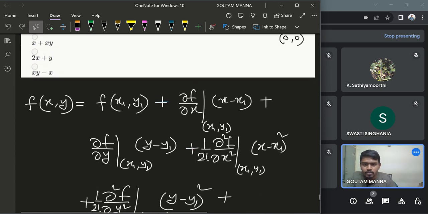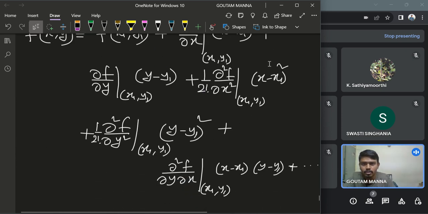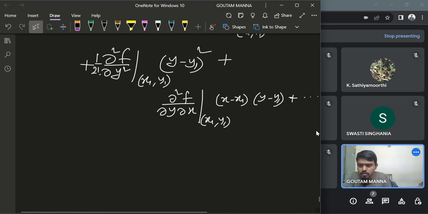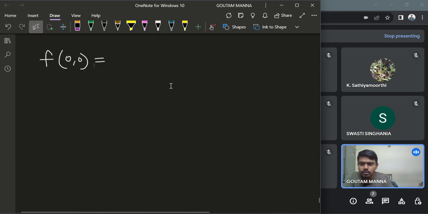Okay. So now the x1 y1 point is here, 0 0. So we need to find out, f of 0 0. f of xy is x e to the power y, so f of 0 0 will be 0.